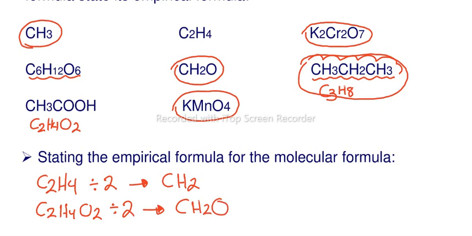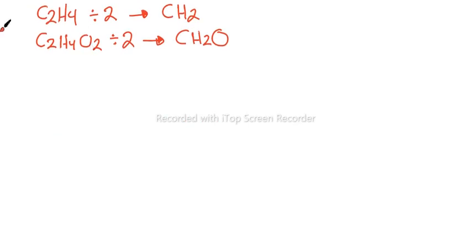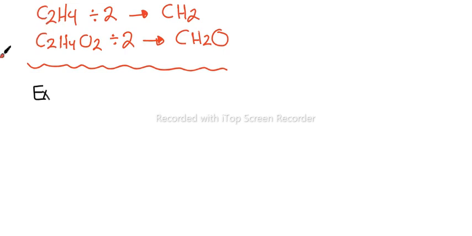To double check that everything is right, I'm going only to have a general question, so to make sure that both empirical and molecular formula definitions are done. If I gave you another example, start to think about it, which is the benzene, C6H6. Is it an empirical or molecular formula?